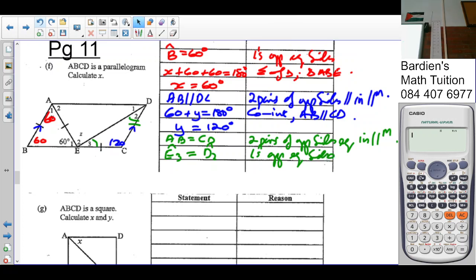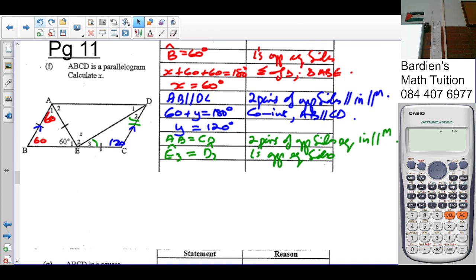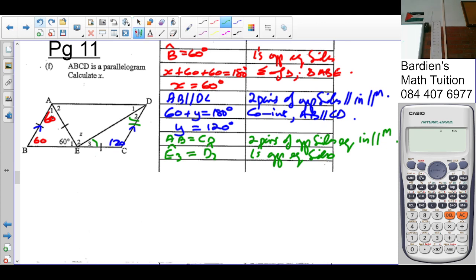So now E3 plus D2 plus 120. Sum of angles in a triangle. So E3 plus D2, and D2 is the same as E3, so I can say twice E3 plus 120 is equal to 180.